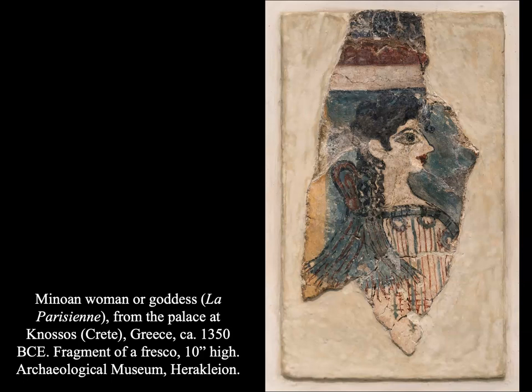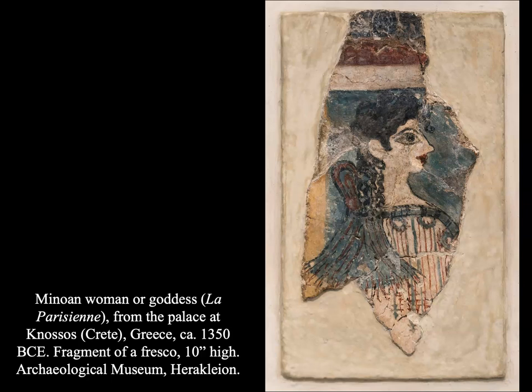This is part of another famous fresco at the Palace of Knossos as well, which is the Minoan Woman or Goddess. And this is a fragment of the fresco that they had, with her bright dress and her curly hair. Not many of them survived in this kind of detail.